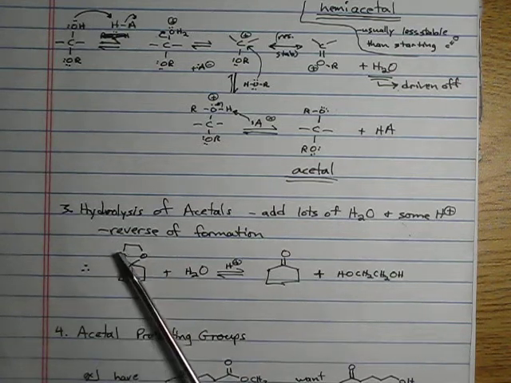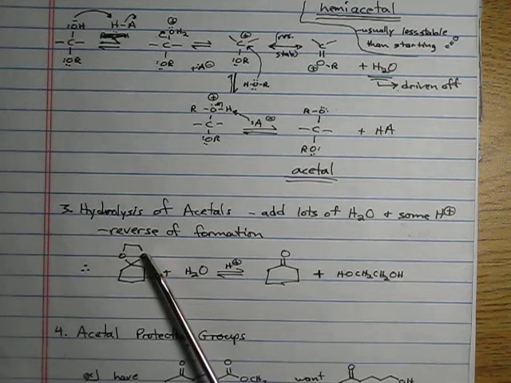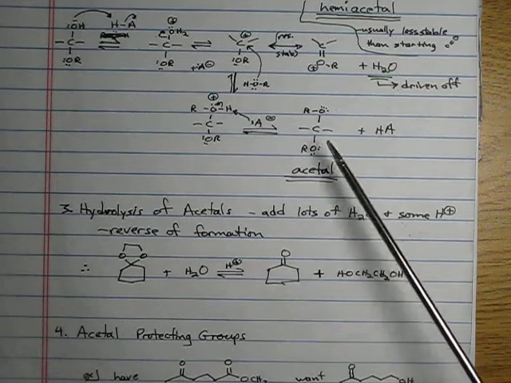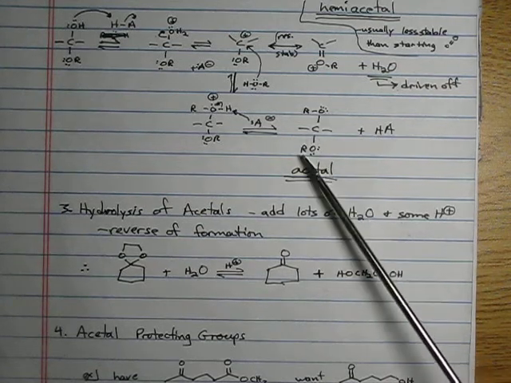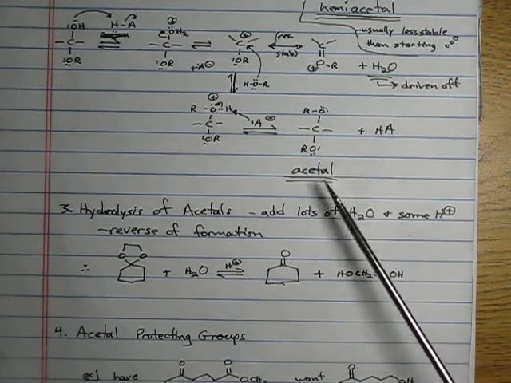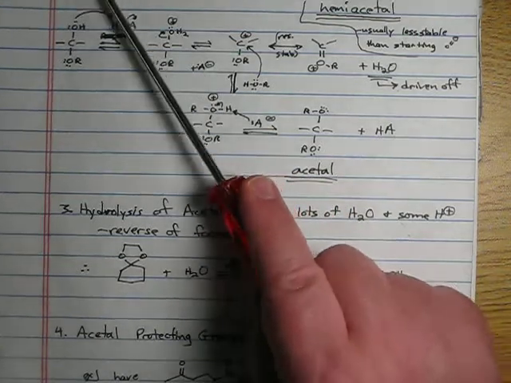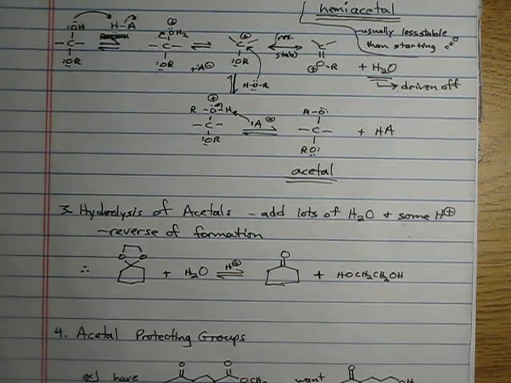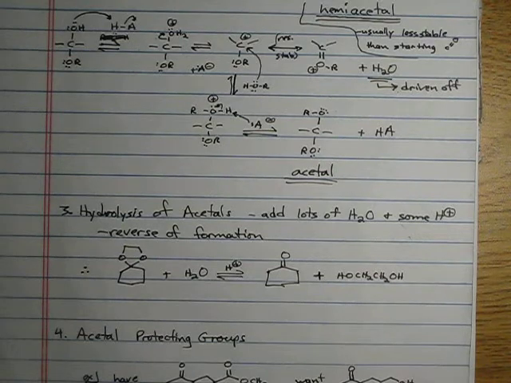We made this oxygen, CH2 oxygen compound from this guy. If you had this acetal here with just 2 OR groups, you could add aqueous acid and reverse this reaction to end up back with your ketone and 2 alcohols. So we'll continue with protecting groups in the next video.